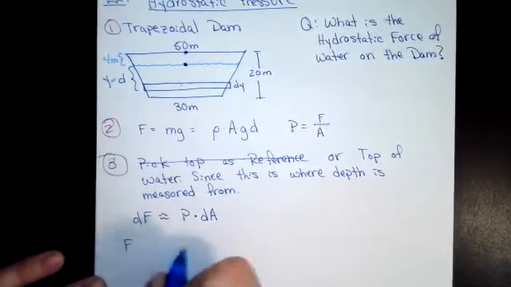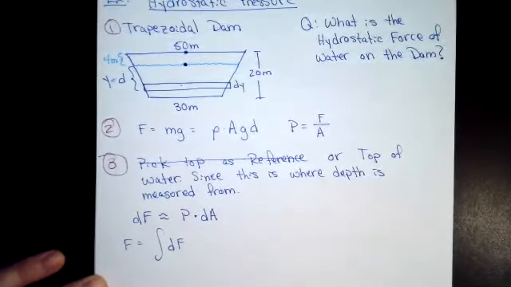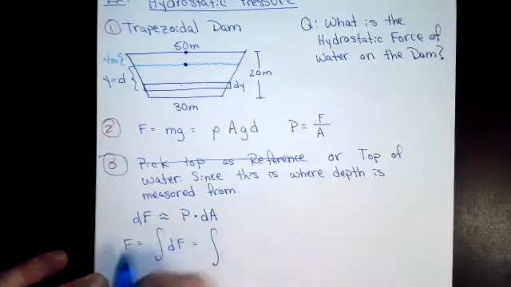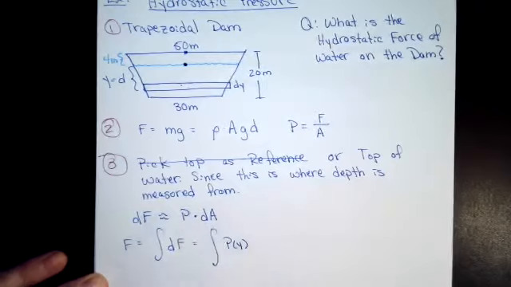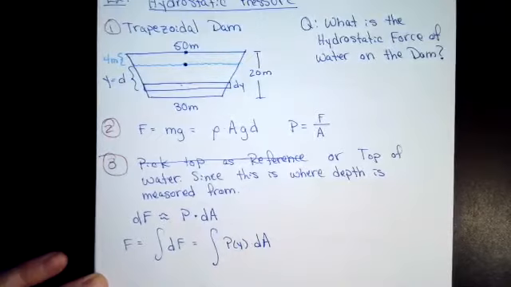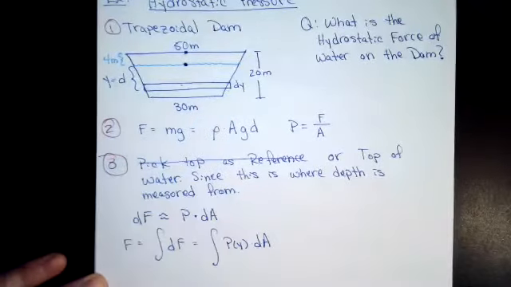So our net force, our total force, is to add up all the infinitesimal pieces of force, which is going to be the pressure as a function of depth times the infinitesimal amount of area that each of these slices occupy.